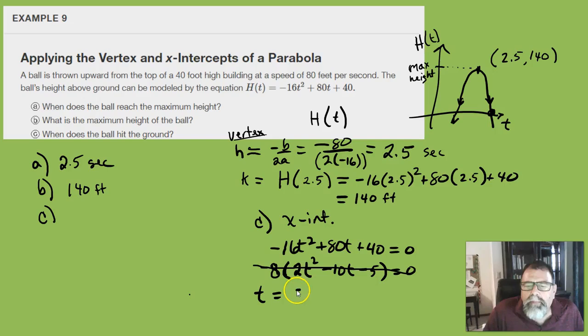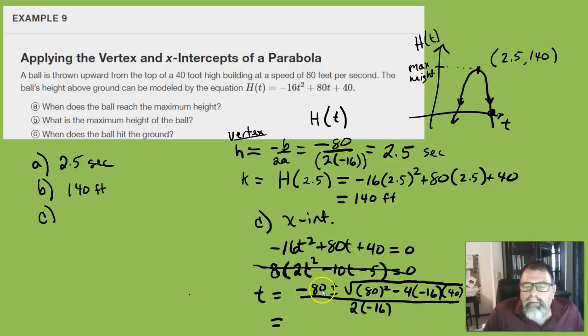So the opposite of b, plus or minus the square root of b squared minus 4ac, all over 2a. And then you punch this all in your calculator, and you've got to do it twice. You do negative 80 plus the square root of that mess, divided by, again, you probably need an extra set of parentheses, negative 32, or just do that in your head.